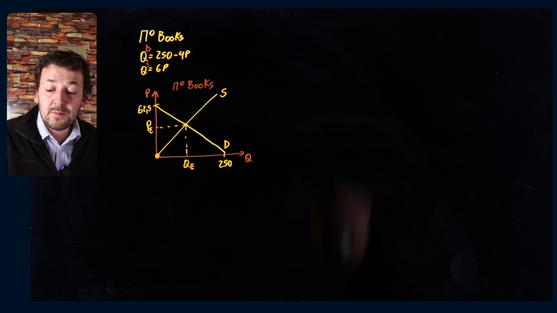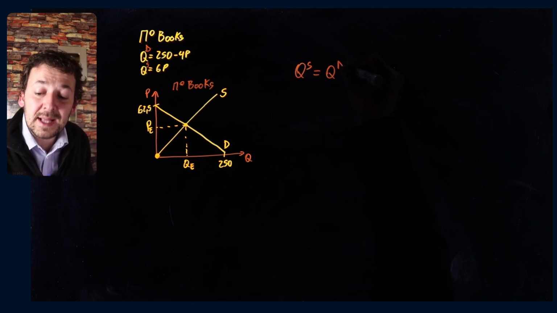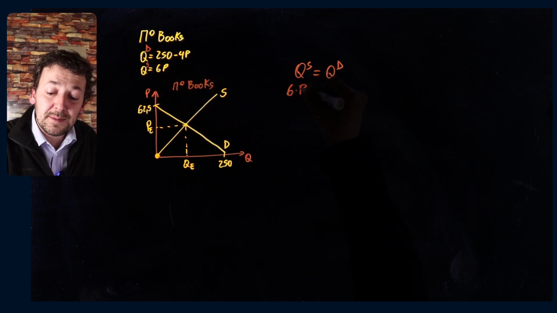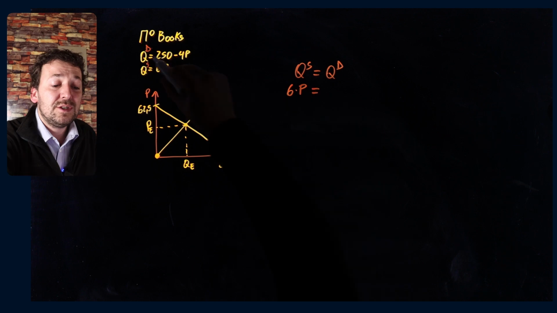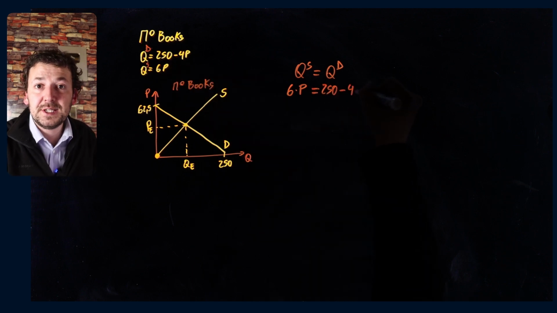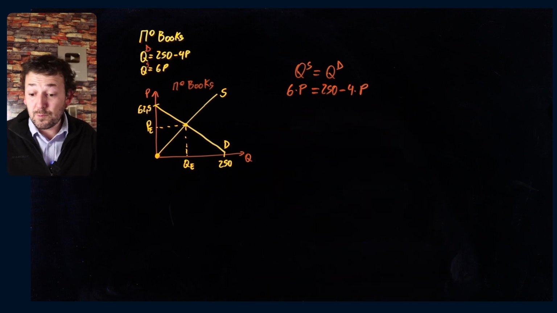And for that, we will write it: quantity supplied equals quantity demanded. And we know that the quantity supplied is 6 times the price, and this will equal 250 minus 4 times the price.